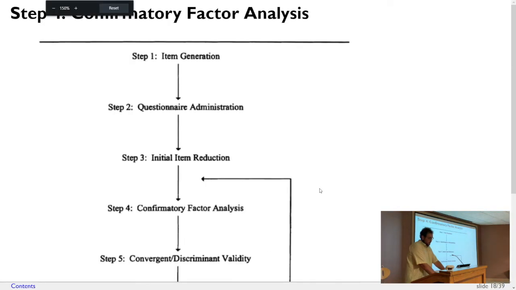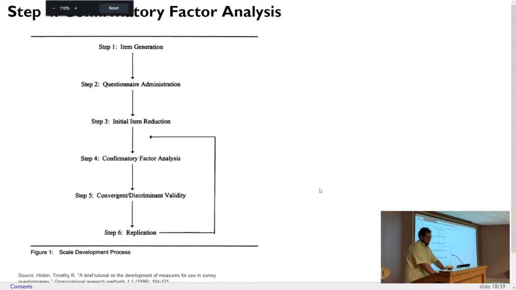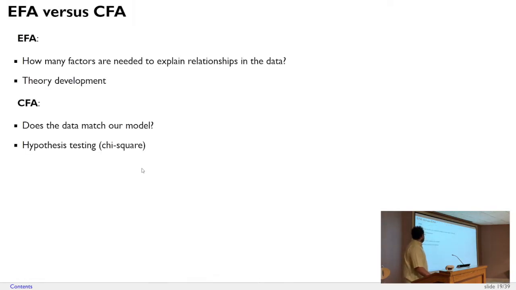All right, so now what we're going to do is actually formally test what we just did. Okay, so confirmatory factor analysis. So we're right here in the middle. So we did EFA, and that's an empirical investigation of explaining the relationships in the data. So we just wanted to empirically see what kind of factors and patterns we can find in this data.